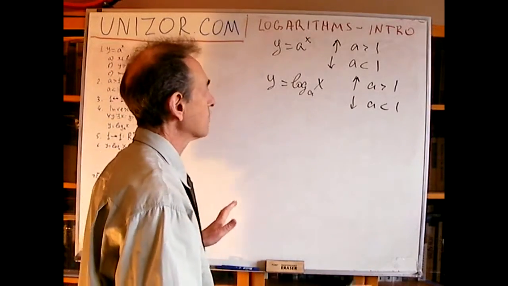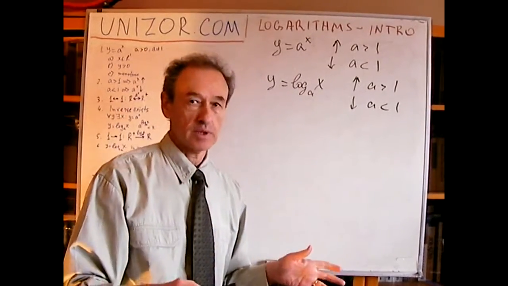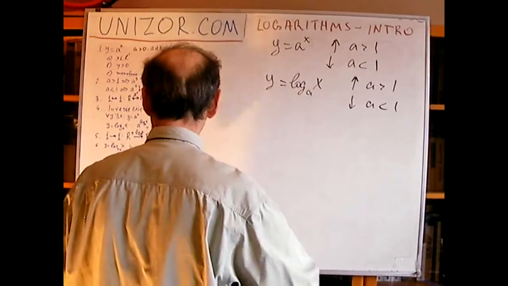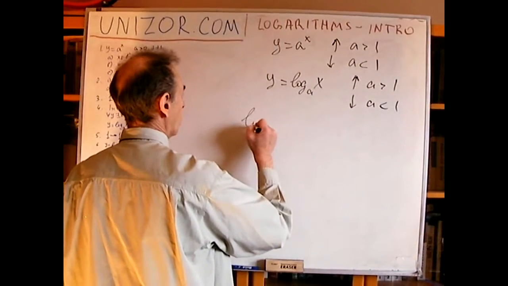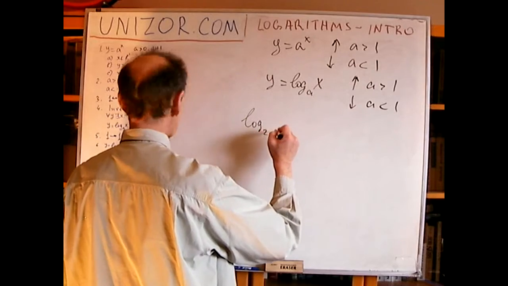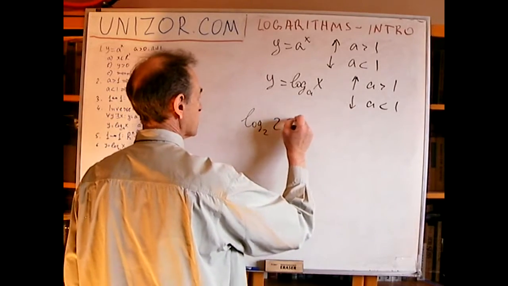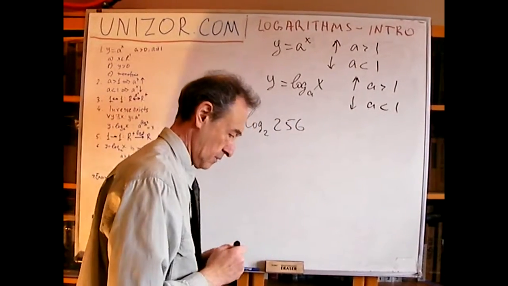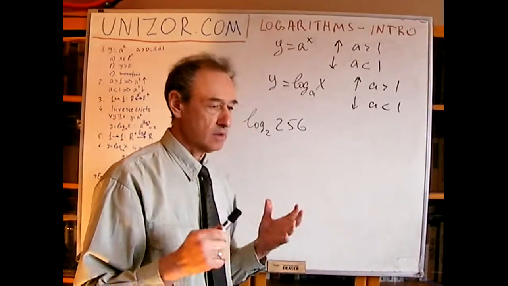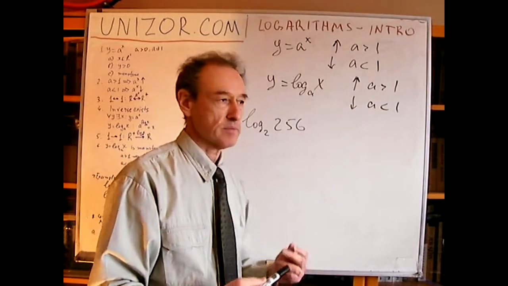Now I think it's time to exemplify whatever I was talking about, and I have a couple of examples. What is logarithm base 2 of 256? Now, what did we know about logarithm?